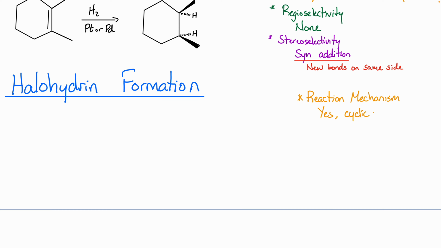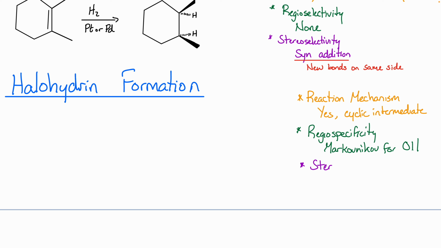Again, it had that cyclic intermediate. We did have that regiospecificity. We said it was Markovnikov for that hydroxyl group. And we also had that stereospecificity for this reaction. It was an anti-addition.